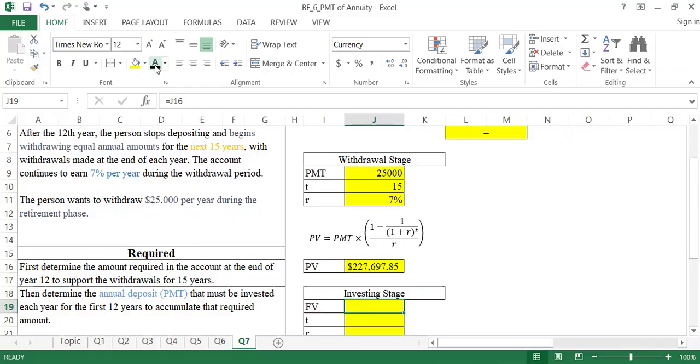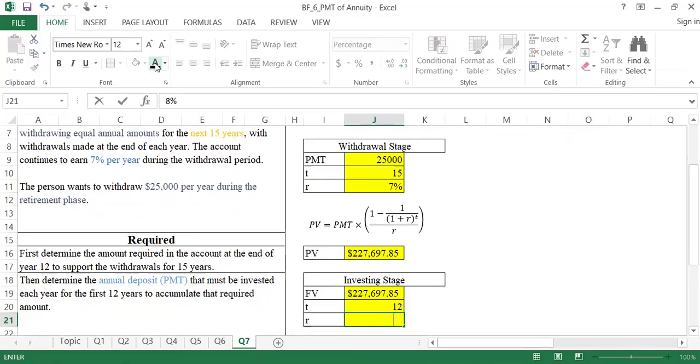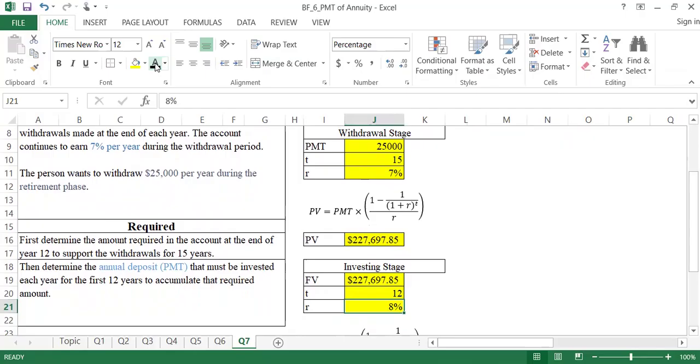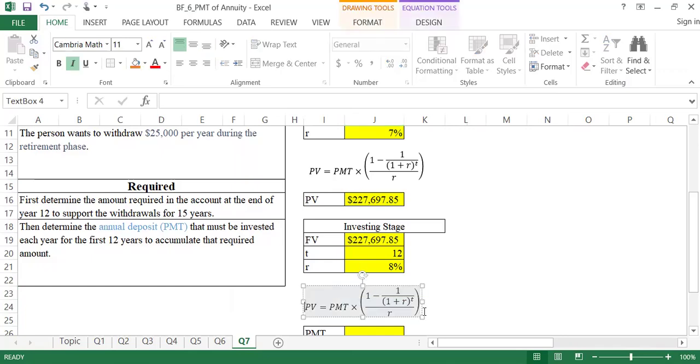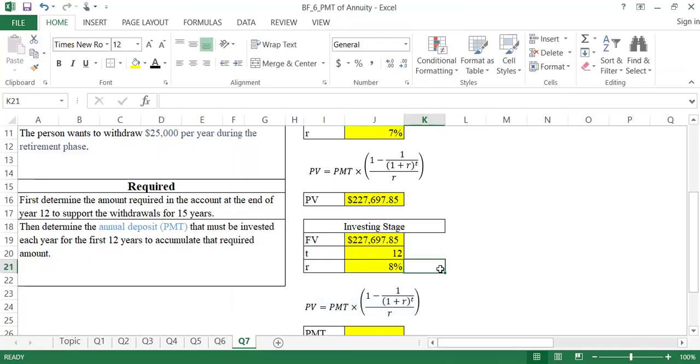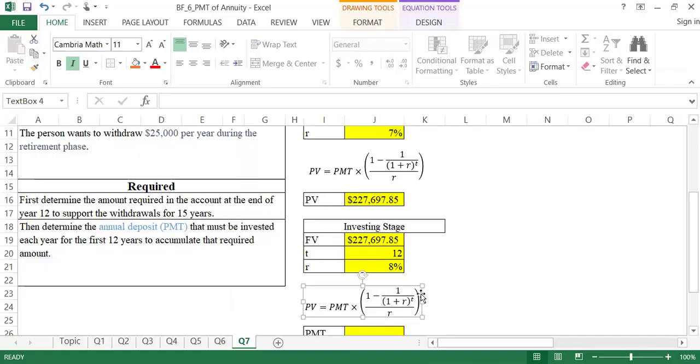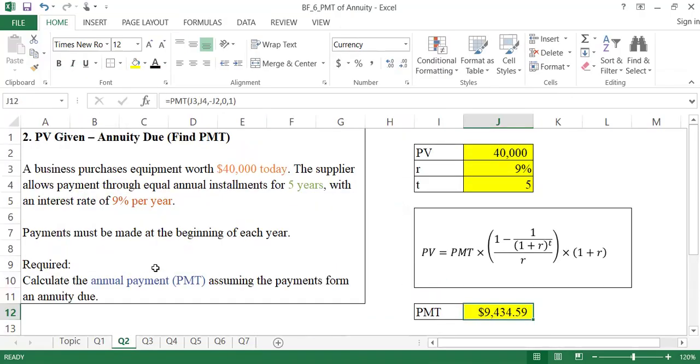So putting this PV and FV together, at the investing stage, the FV should be equal to 227,697. And the investing stage is for 12 years at an interest rate of 8%. So using the FV formula, sorry, this is the incorrect formula. I should put the FV formula over here. Give me a second.